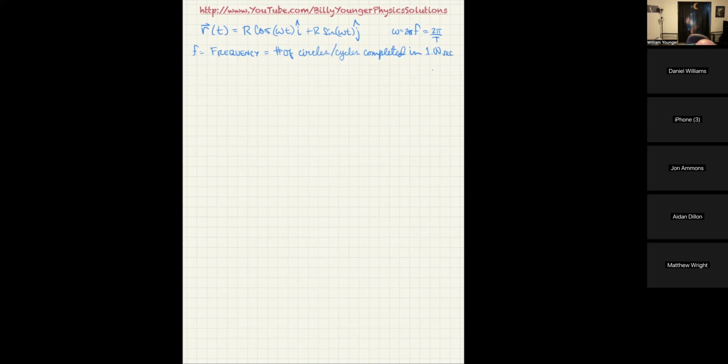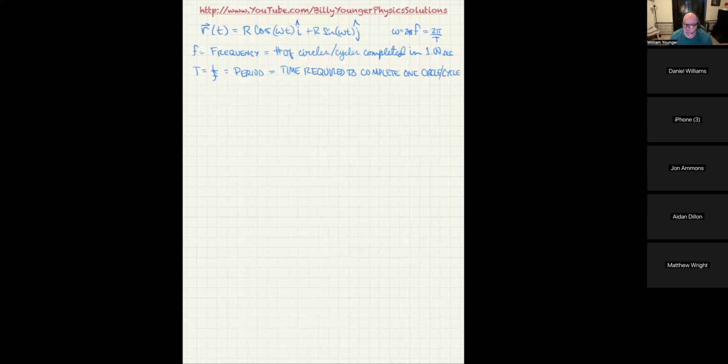So that's what the frequency is defined as. T, which is also 1 over the frequency, is equal to the period. And that equals the time required to complete one circle slash cycle.